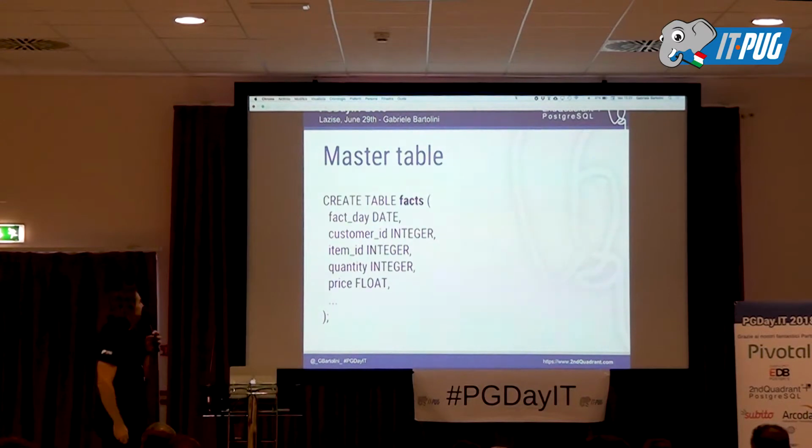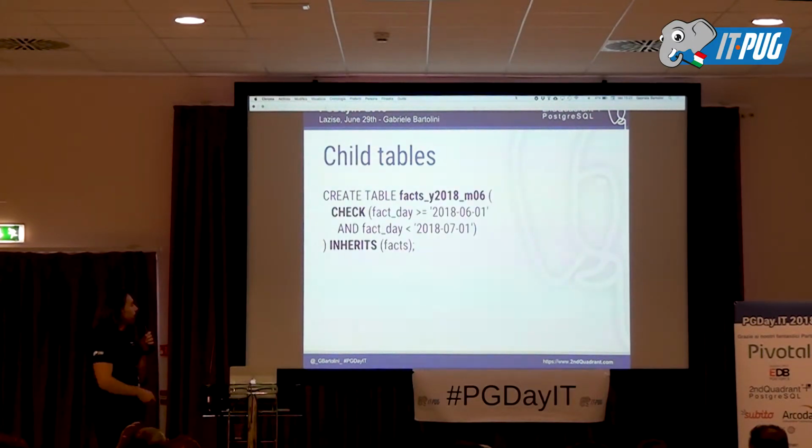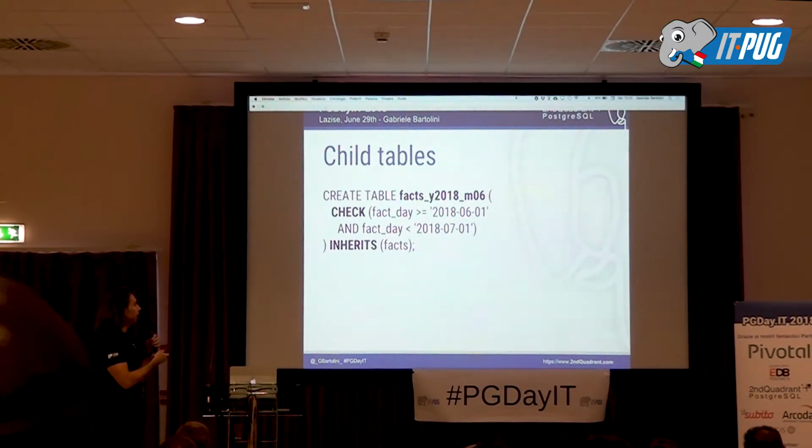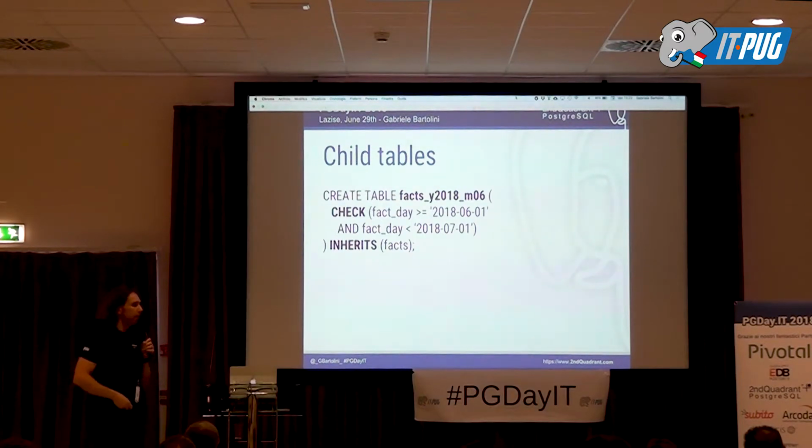So this is the master table, as I presented before. Then we create a partition, like the child table, this way. So follow me. We create a concrete table, with this convention. You could use another convention. I put Y before the year and M before the month.